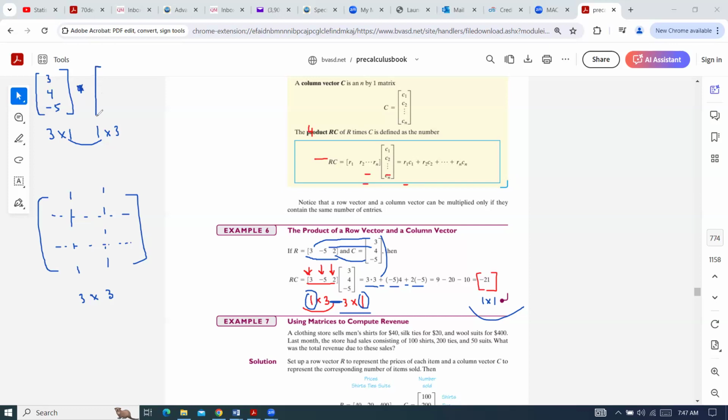And that's going to be 1 by 3. So it's going to be only 1 row, but 3 columns. So this is going to be a matrix. I put brackets. So it has 3, minus 5 and 2.